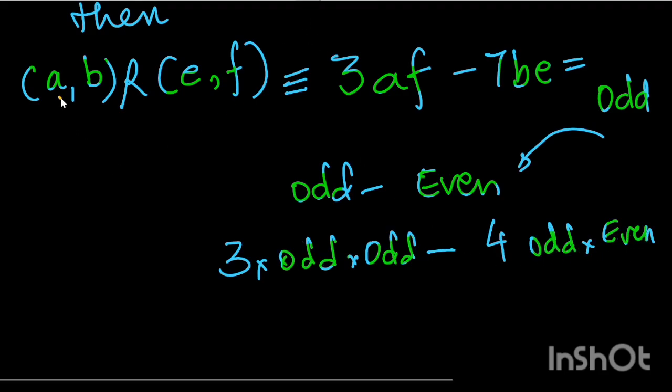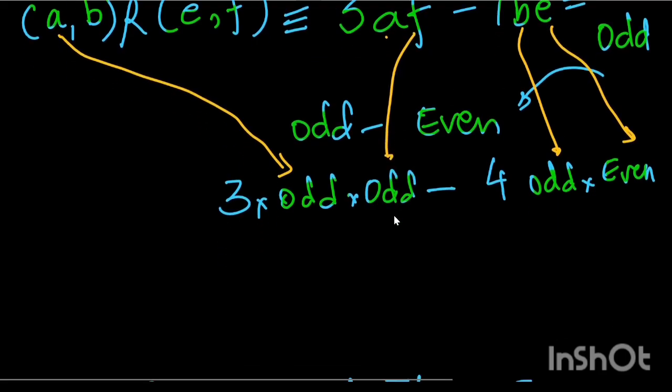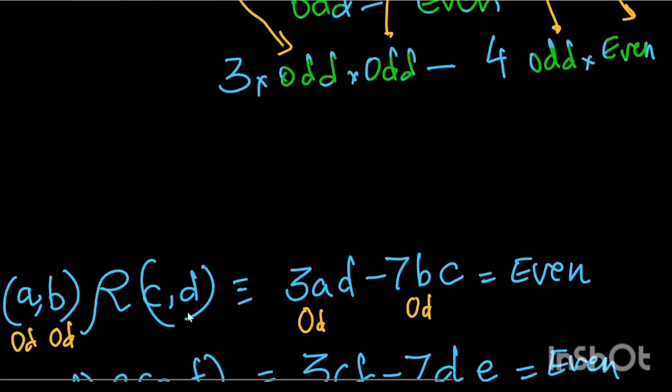It means a is odd here, so a is 3af, which is odd, and b is odd here. Similarly, e is even, f is odd. So it is like this, guys.